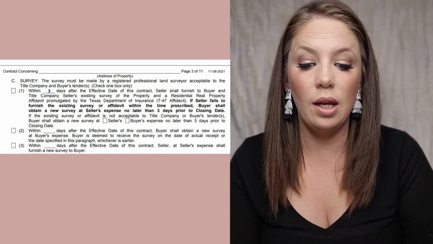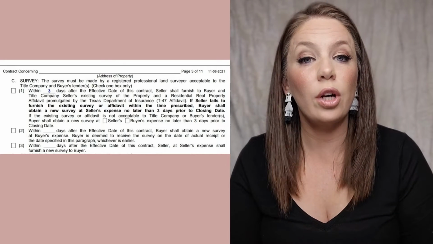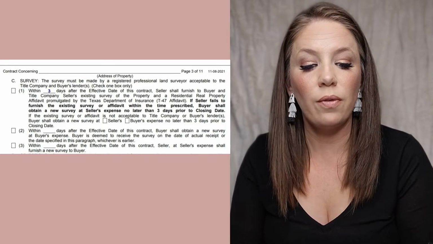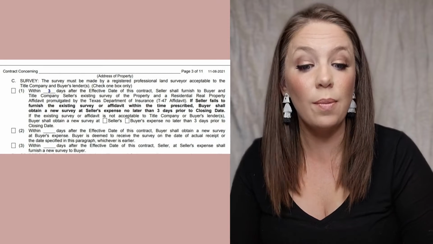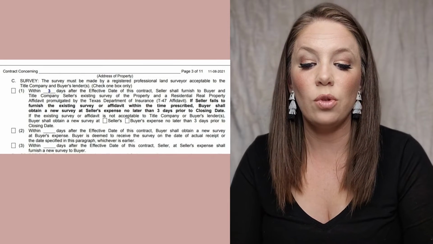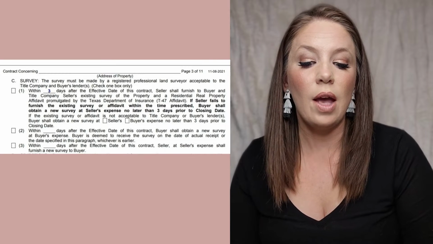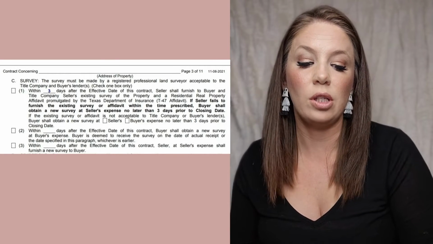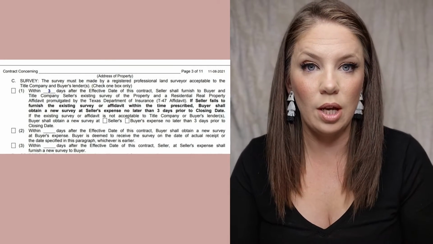But this is saying the seller does not provide those items, the buyer will order it, but it will be at the seller's expense. If the seller provides the survey and T47 and buyer and buyer's lender does not accept it, then the financial responsibility of the survey falls on the shoulder of the selected. And that would be either the buyer shall obtain a new survey at seller or buyer's expense no later than 3 days prior to the closing date.